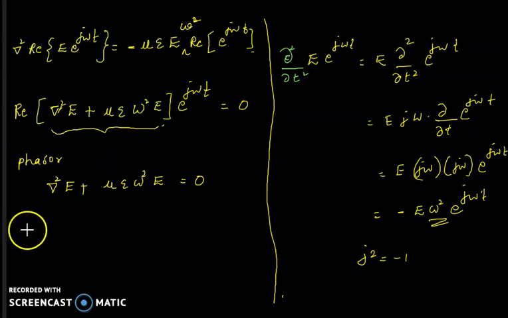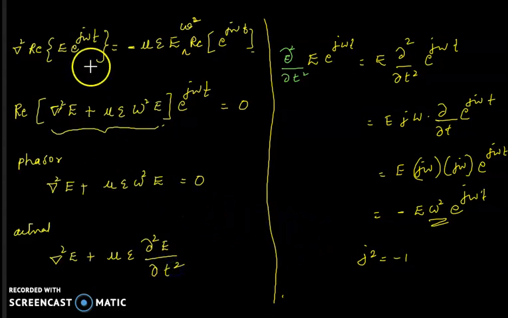But our actual wave equation was like this: del square E plus mu epsilon d square E by dt square.